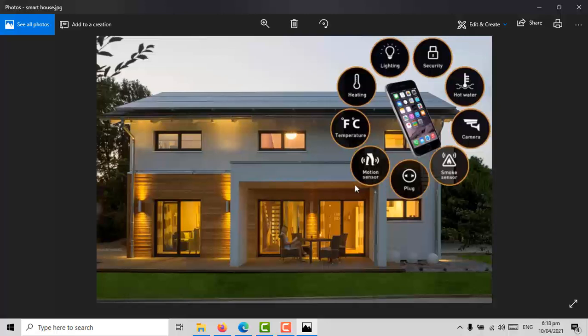So you entered the house the first day and you asked the house, please turn on lights. That is speech recognition. You also asked, please turn on the AC. That is also speech recognition. And you also said, please turn on the TV.